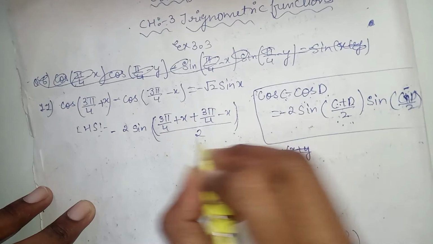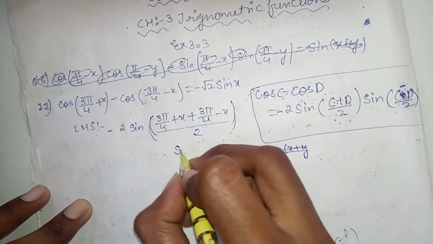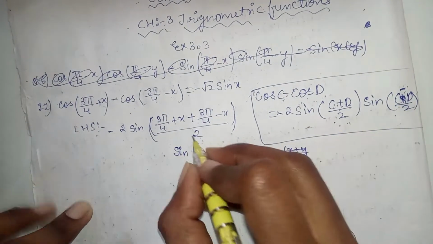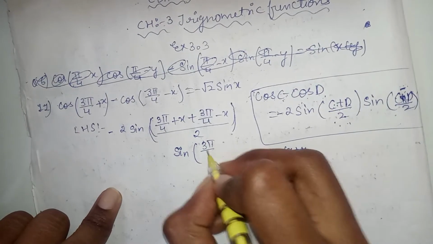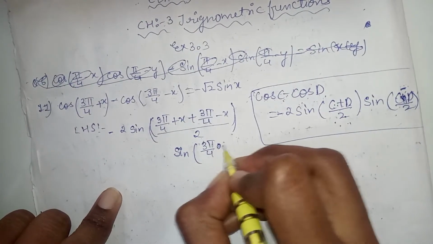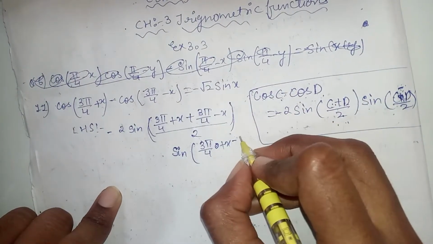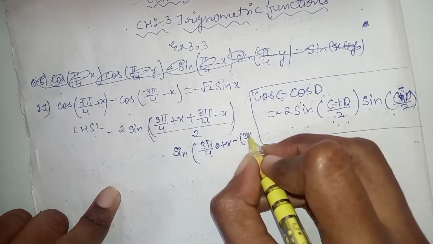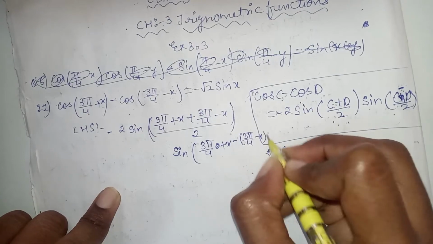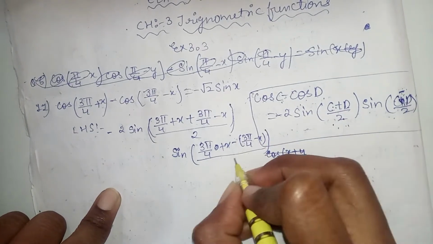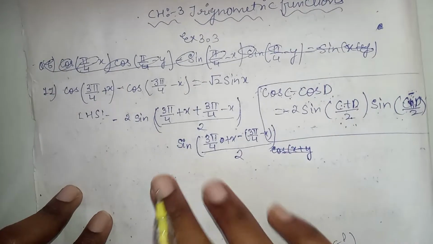Into sin of (C minus D) by 2: 3π/4 plus x minus D, 3π/4 minus x. Since there is a minus, keep a bracket, and divide by 2. So let's solve the whole thing.